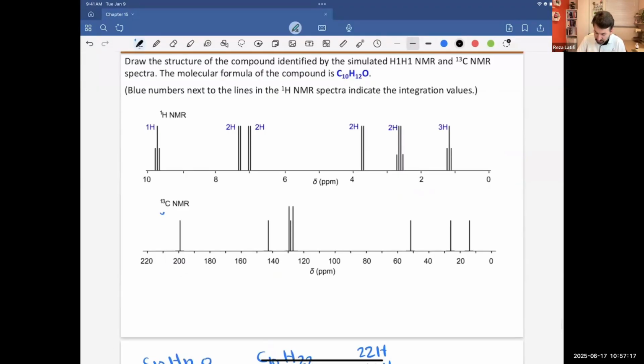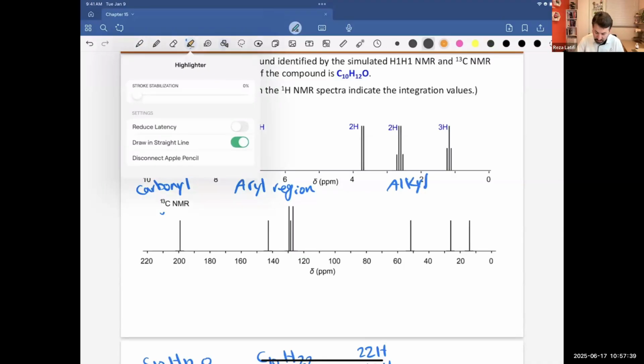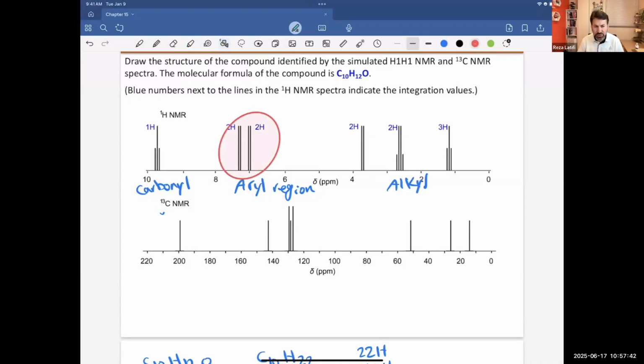Let's label the regions. The one on the left is the carbonyl region, the next is the aryl region, and the last one will be alkyl. Clearly I have aromatic hydrogens, and because I have aromatic hydrogens, I'm going to say I have a ring.